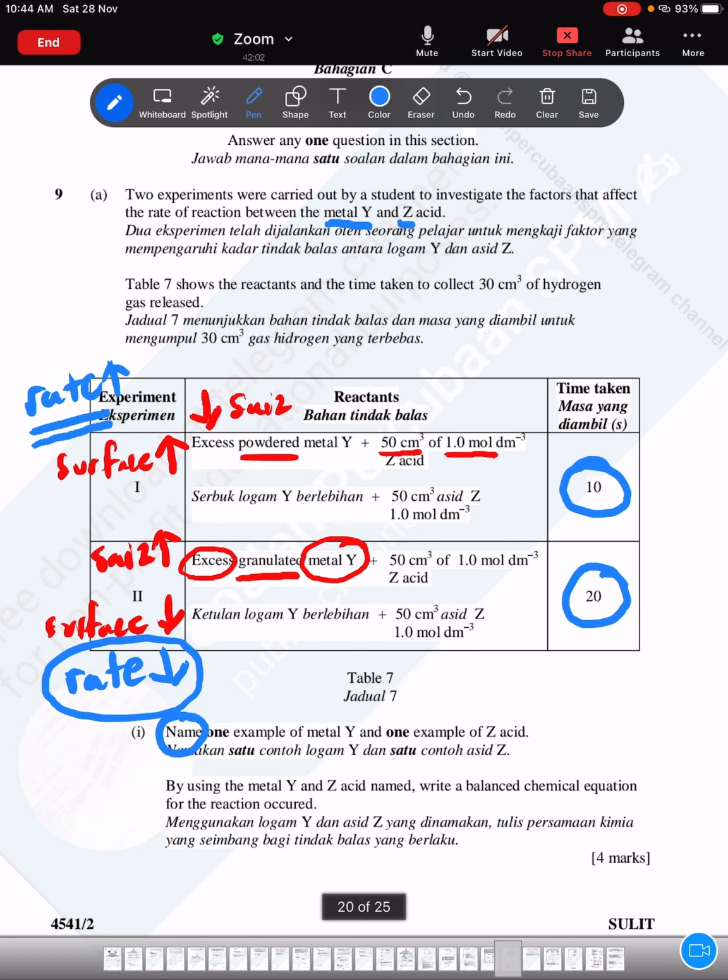So you're going to use zinc and hydrochloric acid, yeah? Hydrochloric acid. Okay, spell it out. Aiman, nampak tak? Name. Spell it out. Okay. So this one, you already carry.